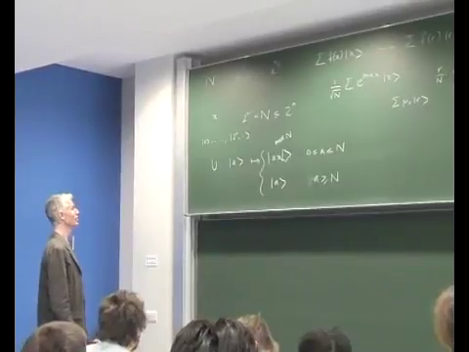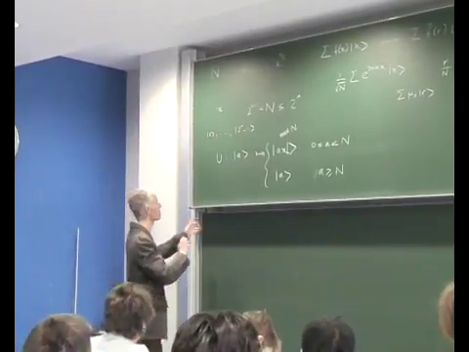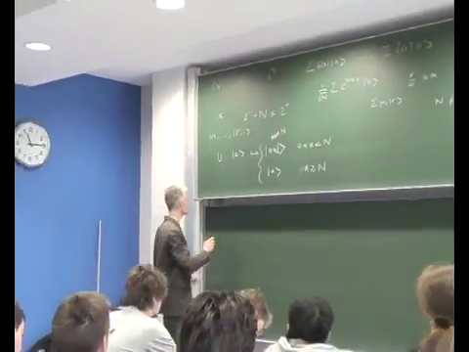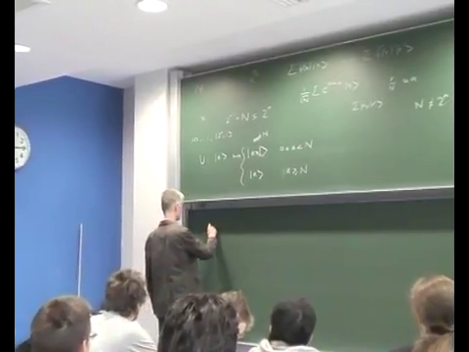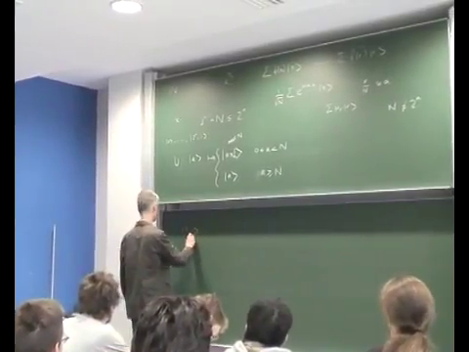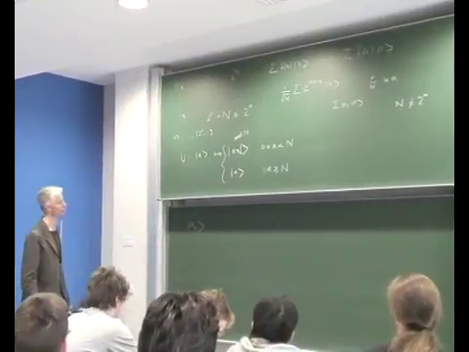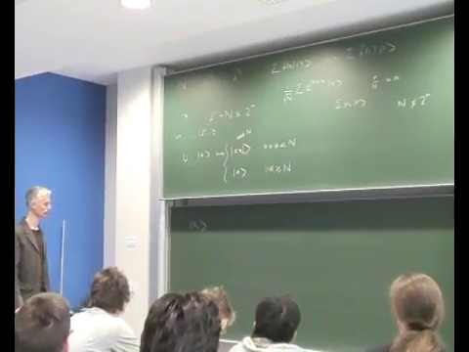Right. Now let's suppose we could create a state, which I'll call u_s, and that's exactly the notation that Nielsen and Chuang use in their book.